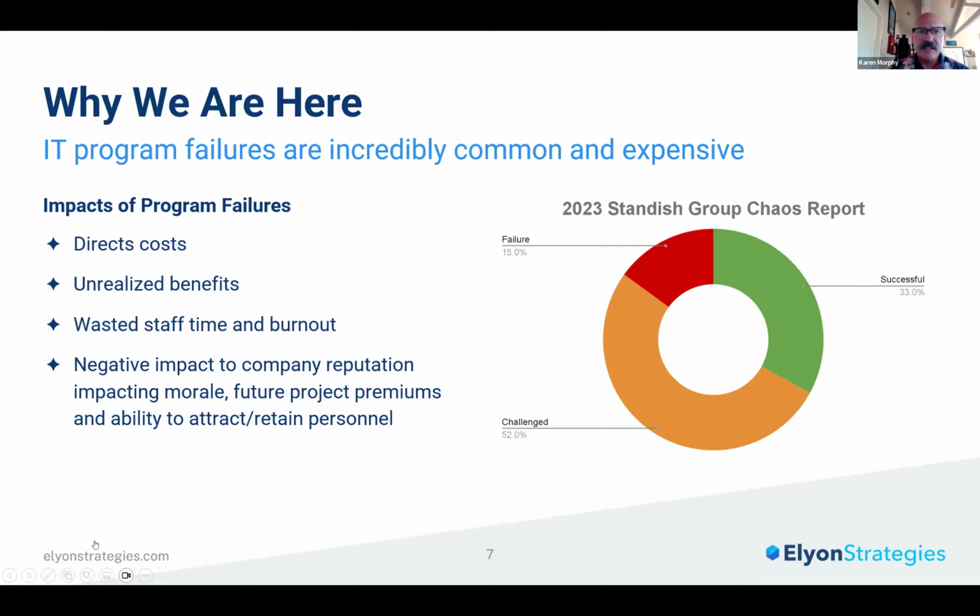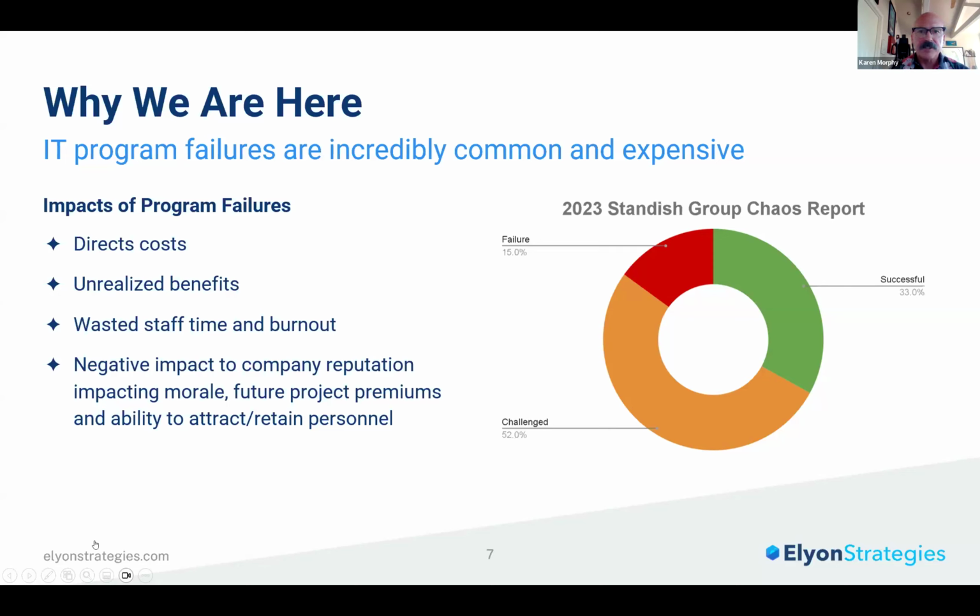The other thing I would say is there are both obvious and less obvious impacts of project failure that we should recognize. There are more hidden aspects on the impact of not having the benefits that the program was going to deliver to your customers, to your stakeholders, to your end users, to your business. There's the impact on the project staff if the project's challenged, their burnout, possible turnover. Then there's reputational impact, which could impact the ability to attain and attract good staff over the long haul.